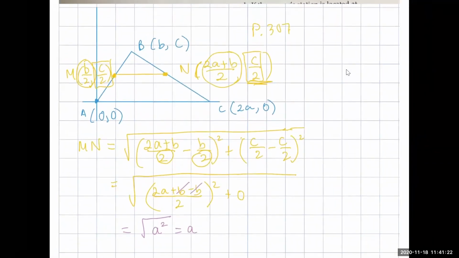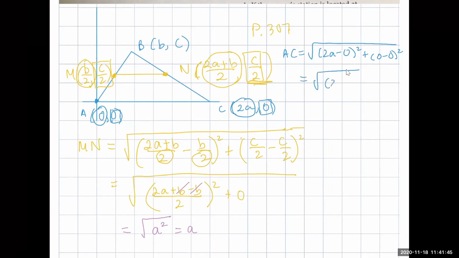Now I have to find the length of AC. So with AC, that one's going to be much easier to do. If I do the change in x, I'm going to circle the change in x. It's 2a minus 0 squared plus the change in y, which I'm going to box. Change in y is super easy. It's 0 minus 0 squared. And so I'm left with the square root of 2a squared.